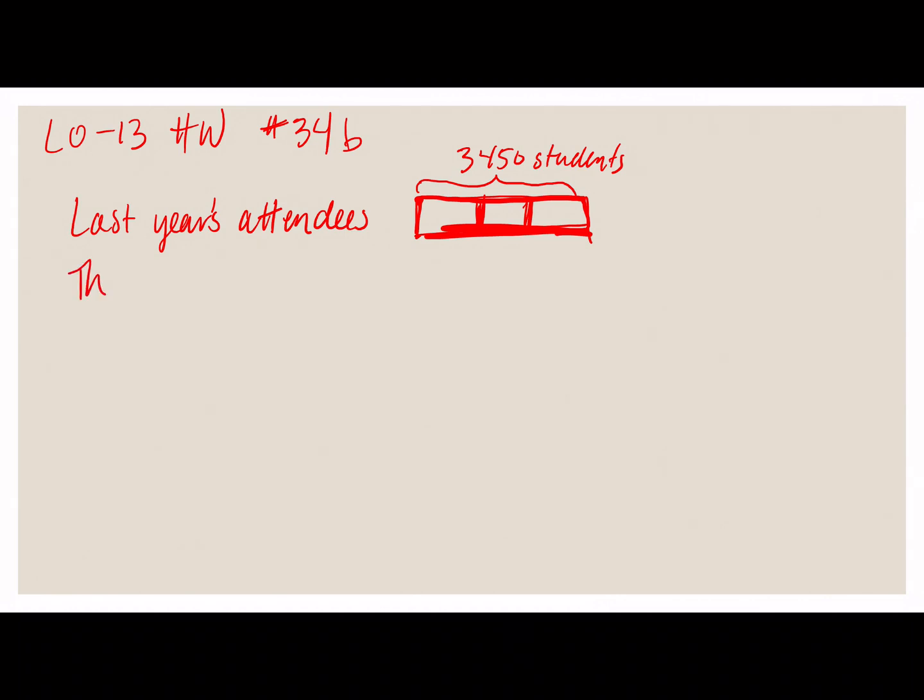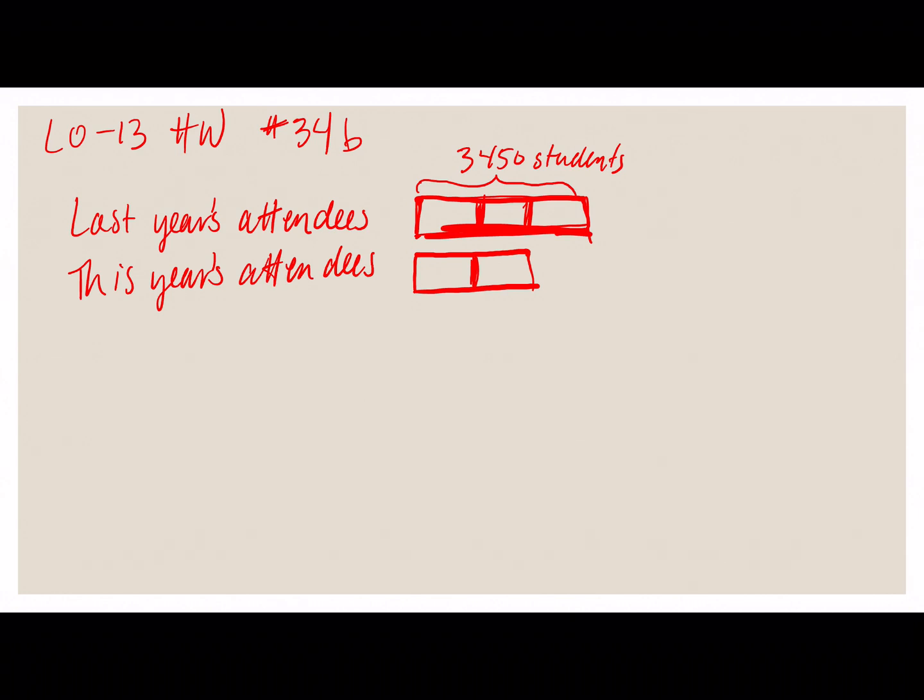It's two units. Okay. And the question is asking us how many fewer students attended this year than last year. So here's our difference as a question mark. And we don't know how much that is.